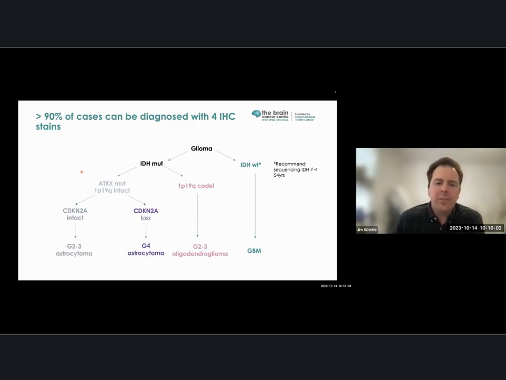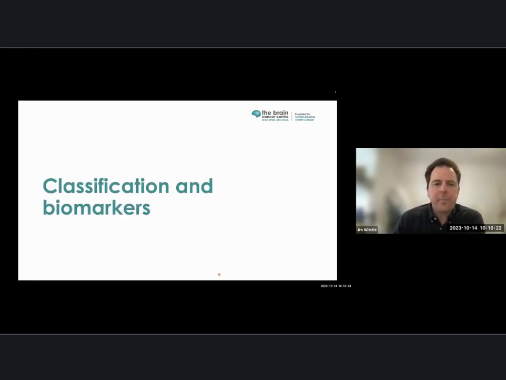And if it is lost, this is where we get grade 4 astrocytomas now. And if CDKN2A is intact, grade 2 to 3 astrocytomas. And this is really the simplistic way that I go through in my mind when I'm looking at a report and thinking about the ultimate treatment options for the patient as well.